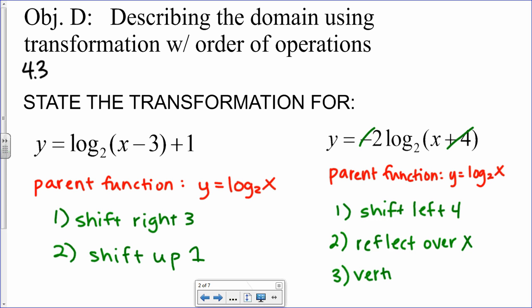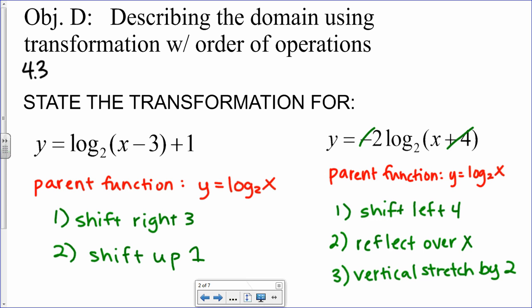And is 2 bigger or smaller than 1? Bigger, so is it a stretch or a shrink? Stretch. You're not looking at the negative, just the 2. So it's a stretch. Those are the order of operations.